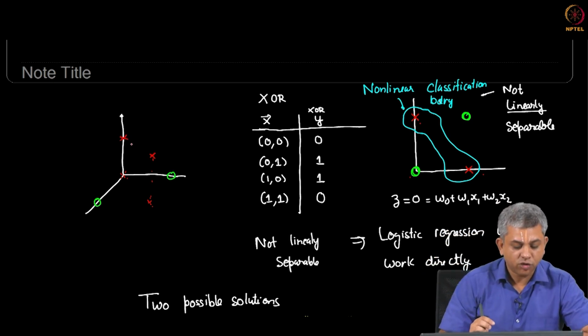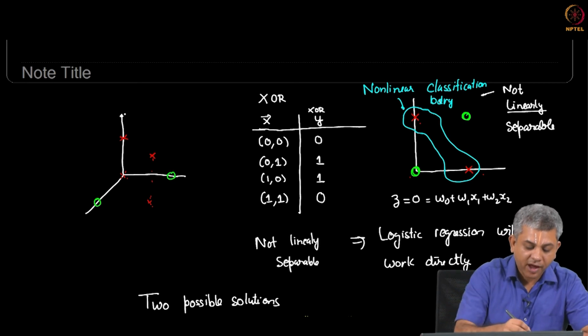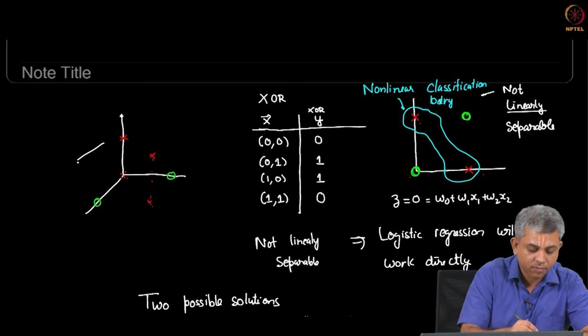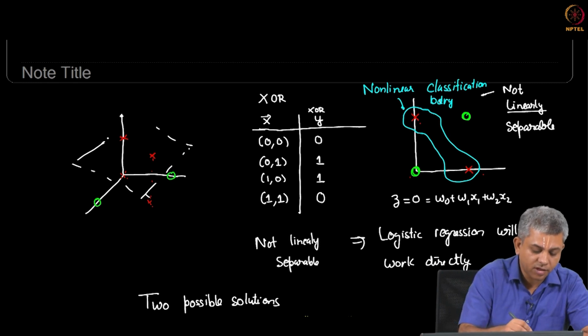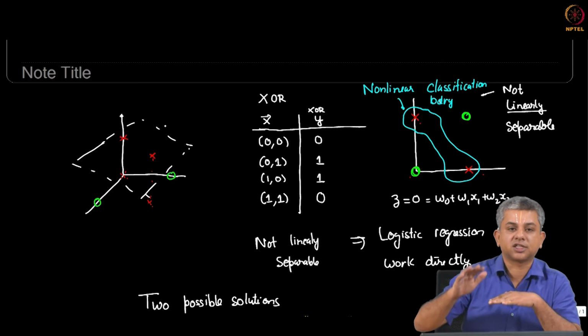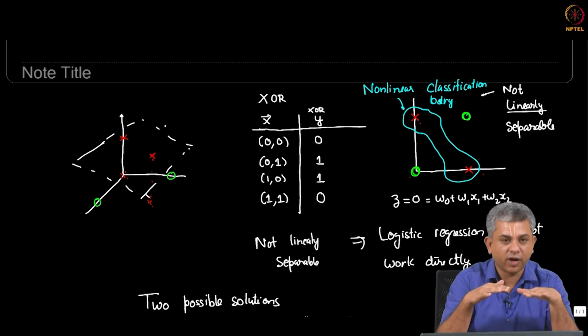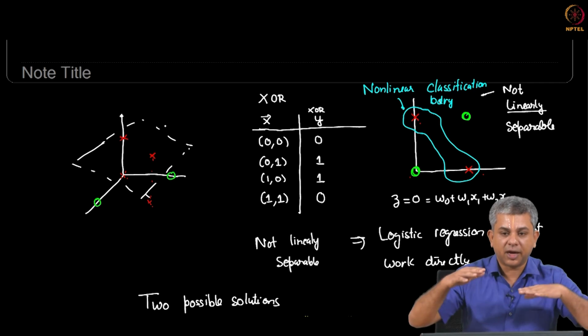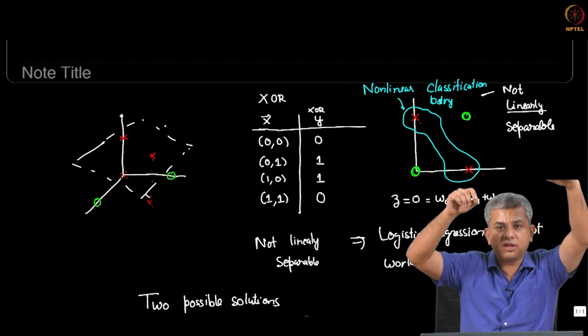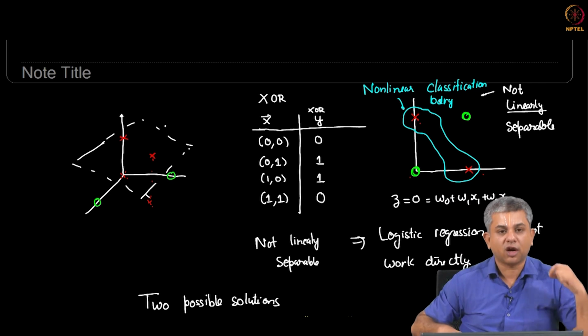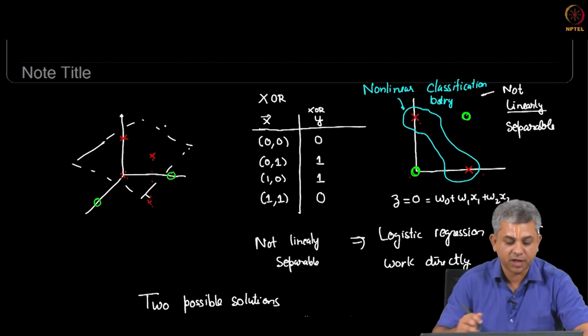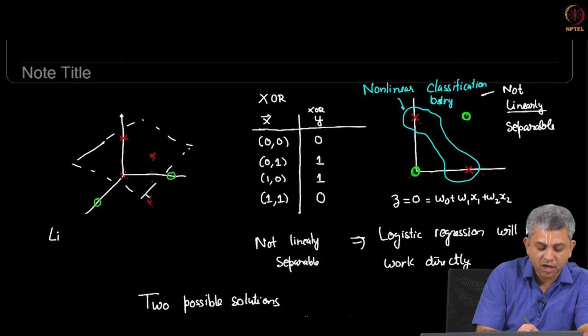Now, you can imagine that if I have a 3 dimensional problem, I could introduce a plane somewhere in the middle that would separate these x's out from the o's. So, this will require a little bit of imagination on your part. Imagine these 4 points are there and you lift these 2 x's up. Now, what was not linearly separable in a lower dimensional space can actually be linearly separable in a higher dimension.